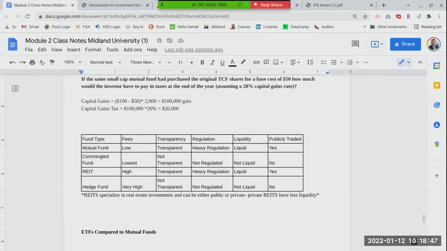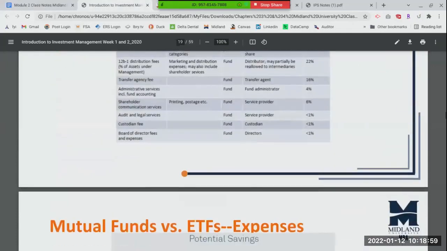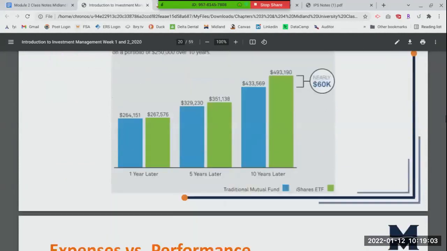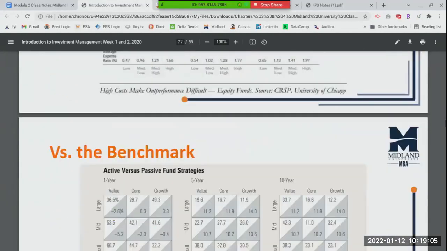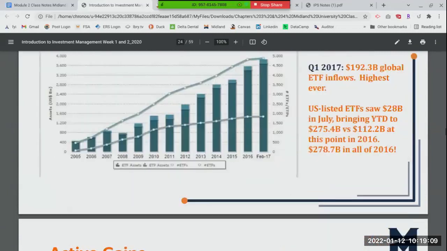You'll only be taxed on the distributions. Whereas a mutual fund, every time a mutual fund buys and sells, there will be a tax consequence. And so you can scroll through. I have a couple slides here about ETFs and mutual funds and tax efficiency that you should go back through and review.